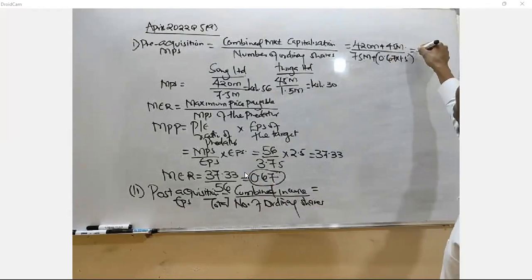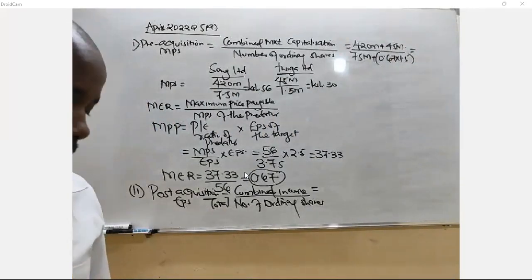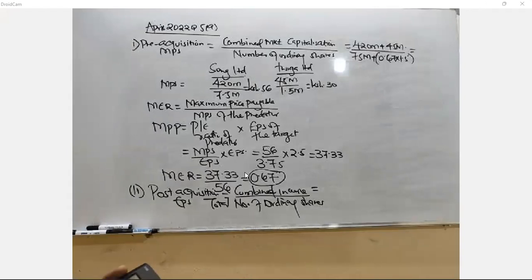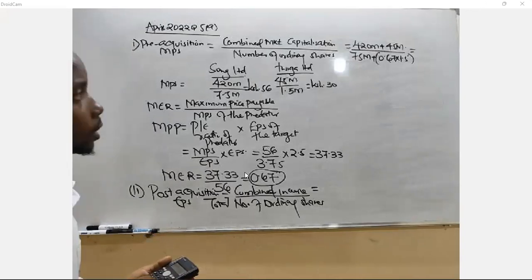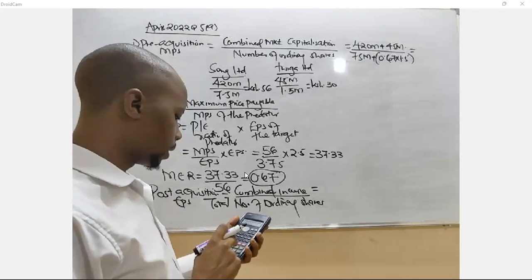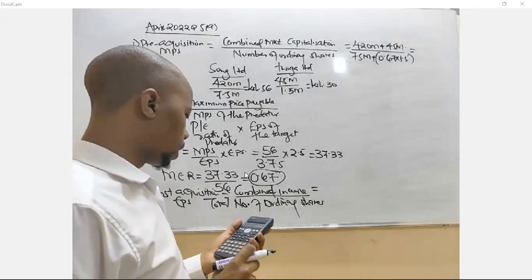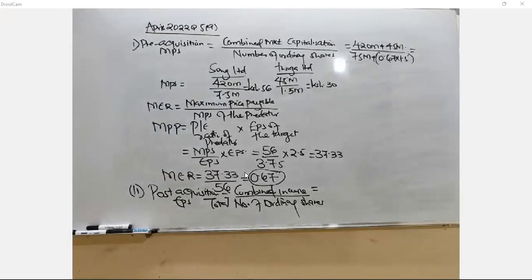So it will be 0.67 multiplied by 1.5, plus 7.5. If you take 420 and add 45, that is 465. Then you divide by my answer. What is our answer for 0.67 times 1.5?